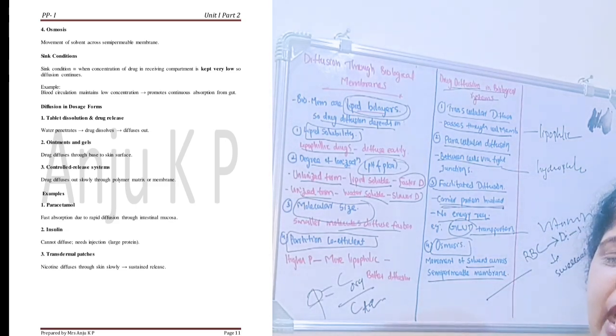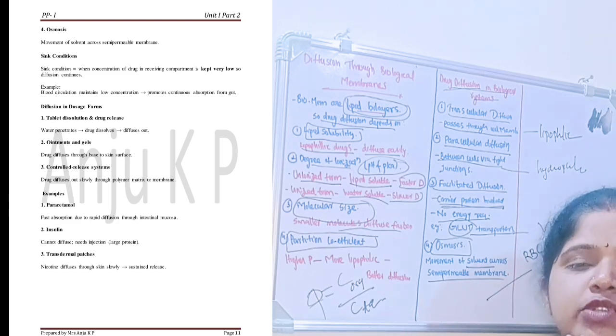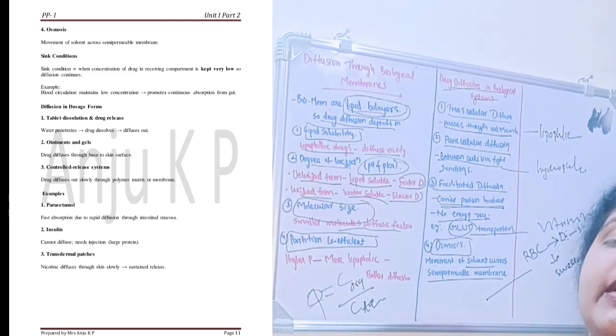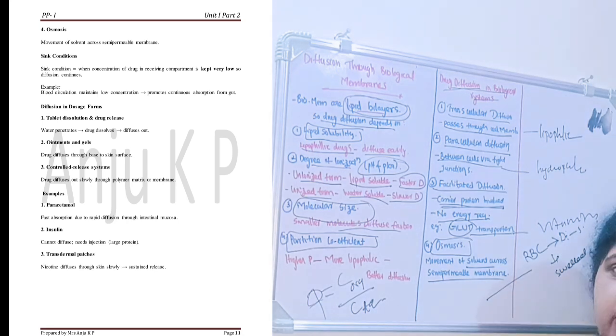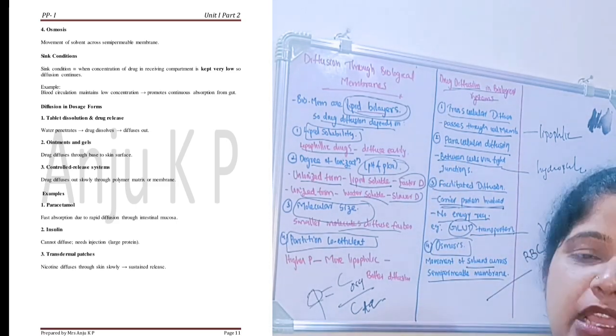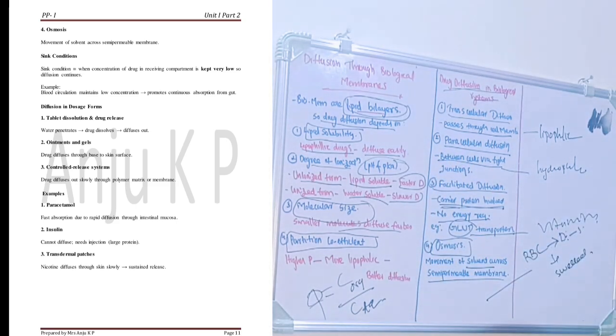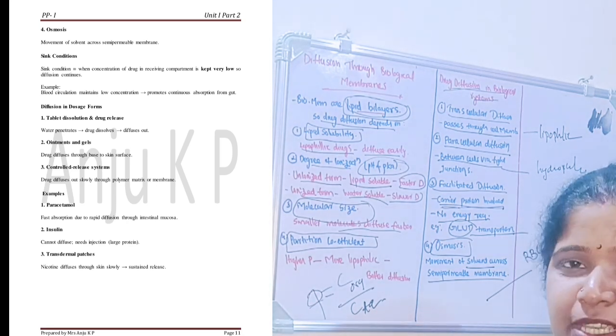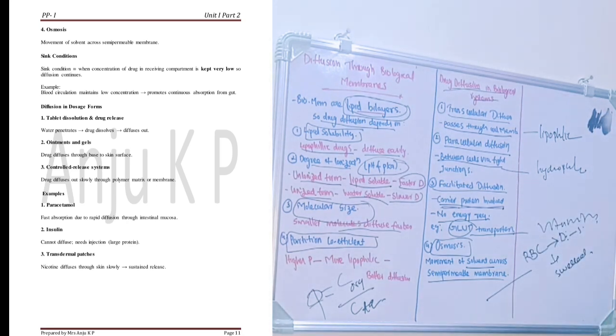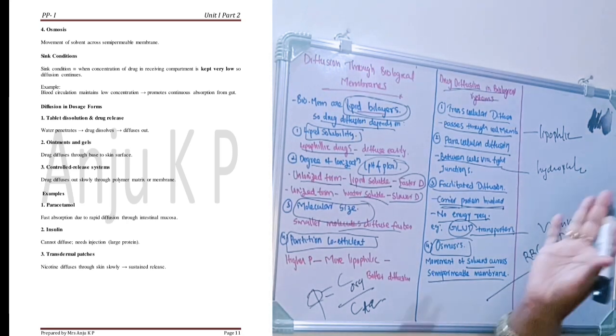Insulin is a large protein, so diffusion won't take place. So usually we inject insulin. These are certain examples of how drugs cross the biological membrane, and based on that, how we make the dosage forms. Okay, so I hope you people understood the basic things.